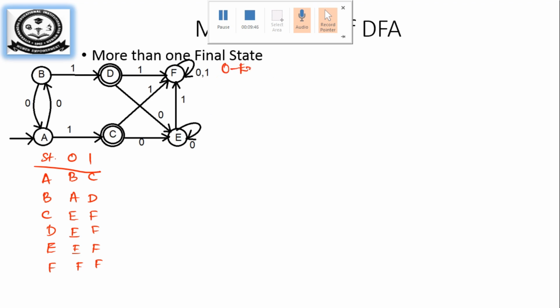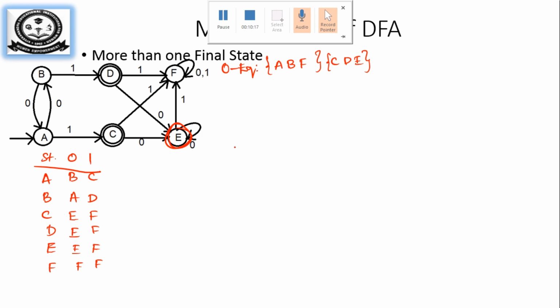So 0 equivalence. So first you have to form the sets which are not final states. So here consider this E is also a final state, I forgot to mention here. So you will be having A, B, F in a separate set, and similarly you will have C, D, E in a separate set.